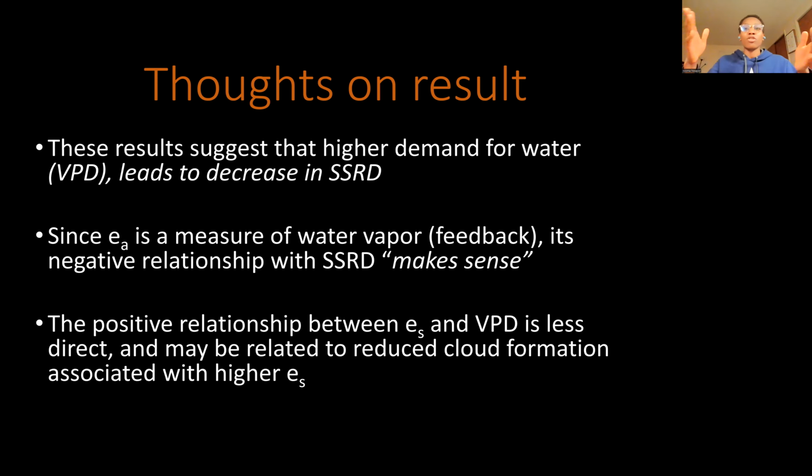So that was one explanation for the strong relationship between ES and solar radiation. When the maximum amount of water that the atmosphere can hold increases, then maybe cloud formation drops, and that allows more incoming solar radiation. It's a complex process, not that easy, but those are the thoughts I have on my results.